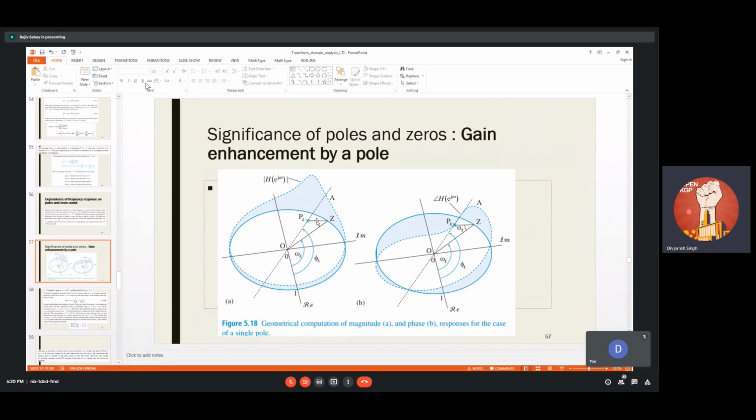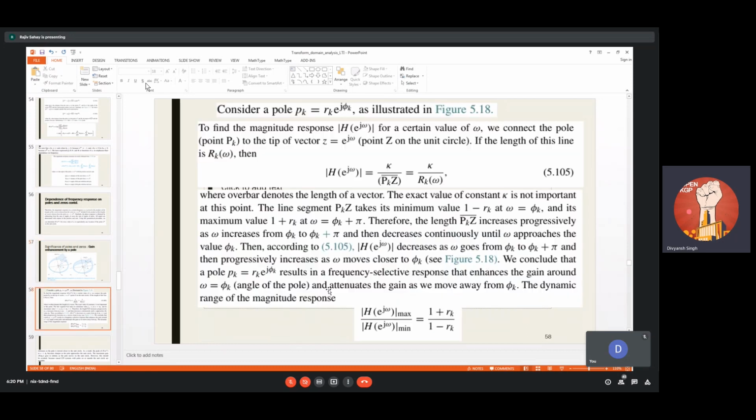And therefore the gain shoots up, and the gain will shoot up towards infinity because the dynamic range is a function of RK, and if RK goes close to the unit circle, then the maximum value to the minimum value ratio will be infinite.